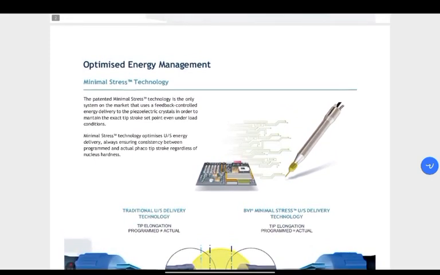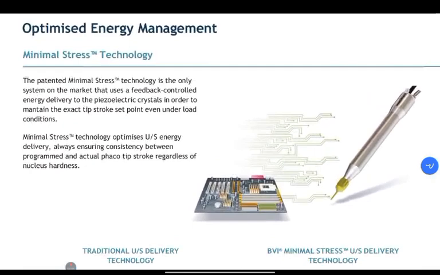So friends, our next important feature of this machine is optimized energy management. Optimized energy management is a minimum stress technology. What is this technology?